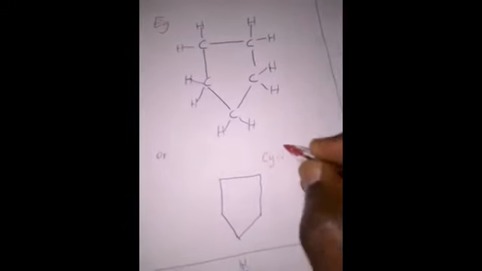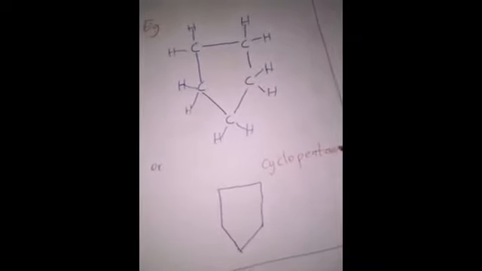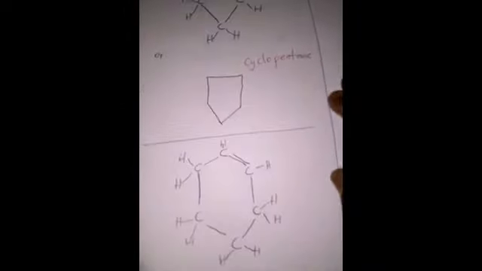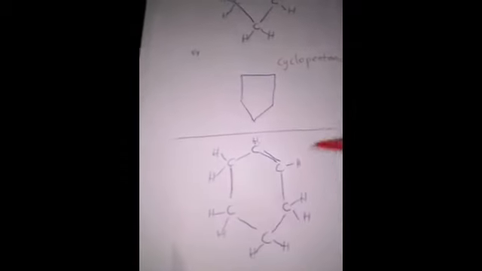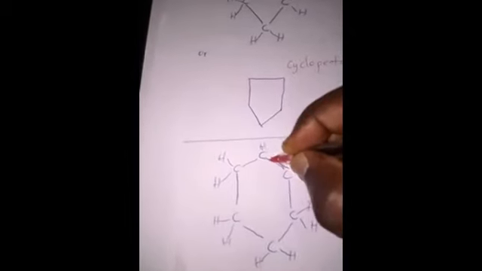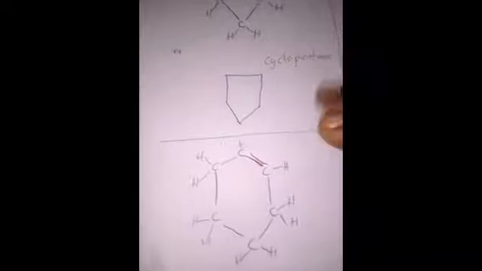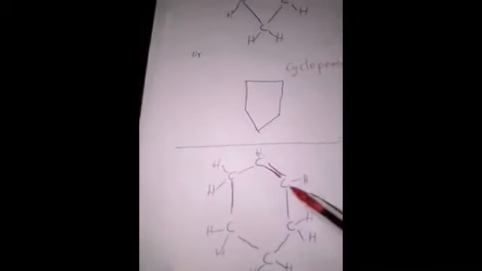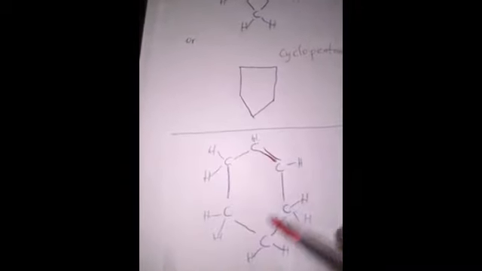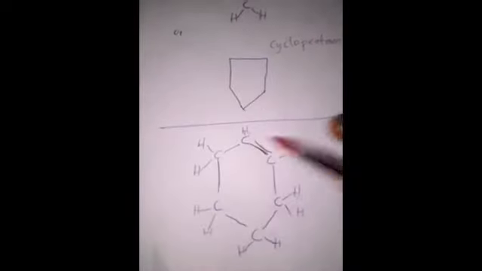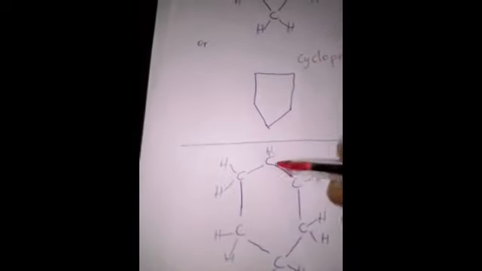For that, this one is called dichloropentane. Another one is this one, in which we have one side with a double bond. Sorry for that. So we have the second one, which is another closed ring.